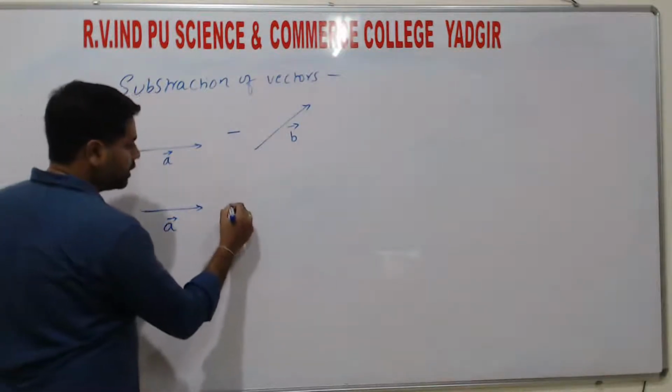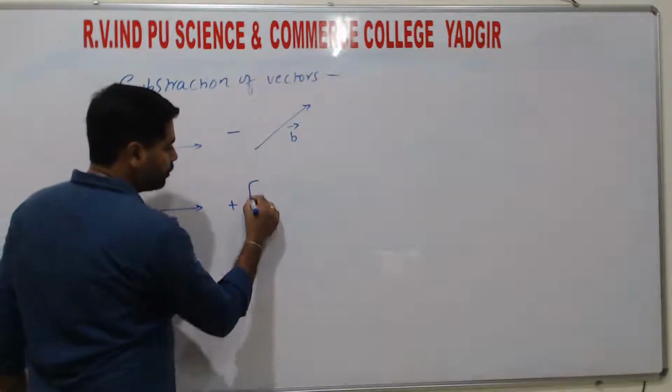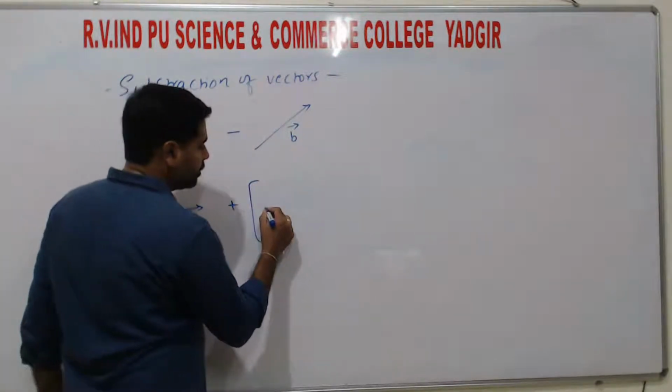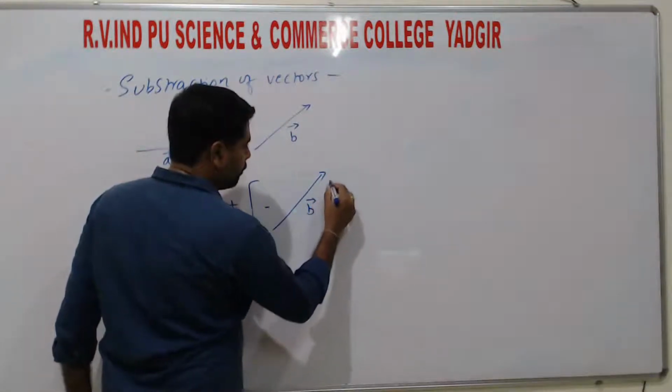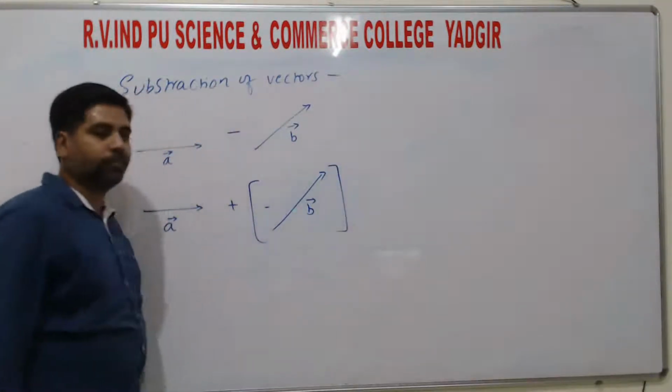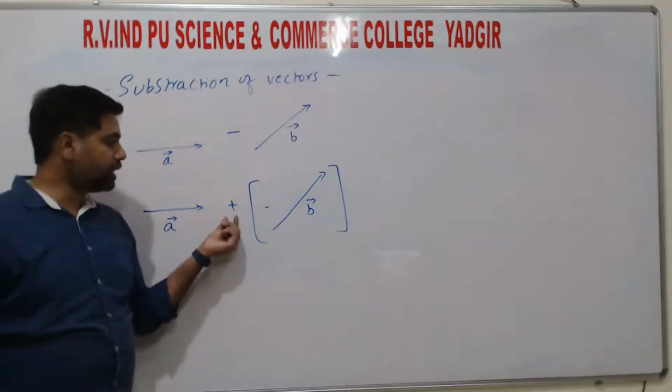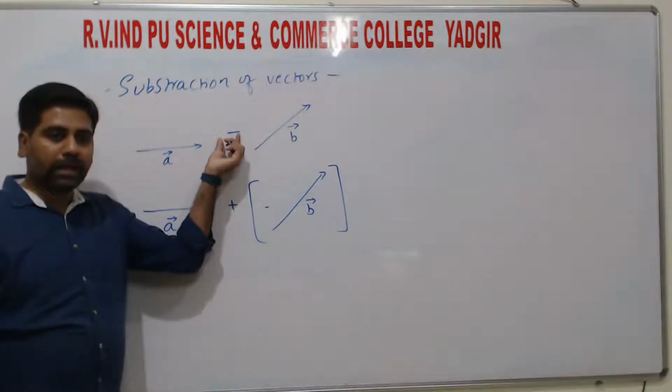So vector A plus, here we can write minus vector B. Here plus into minus, what do we get? Minus.